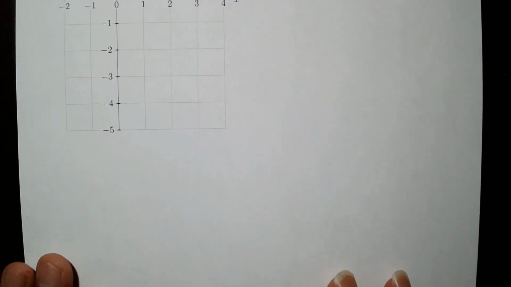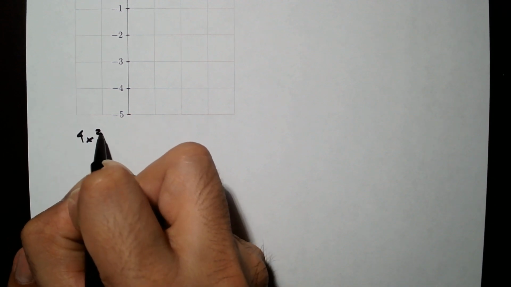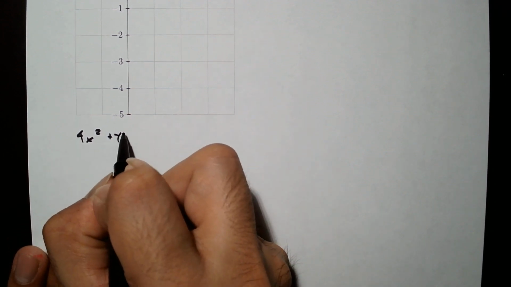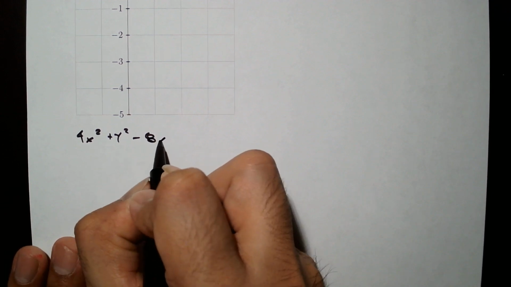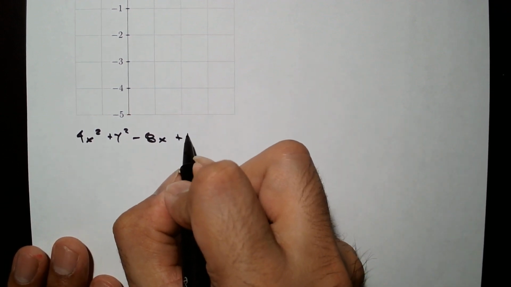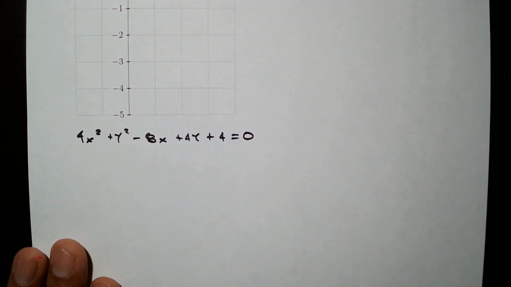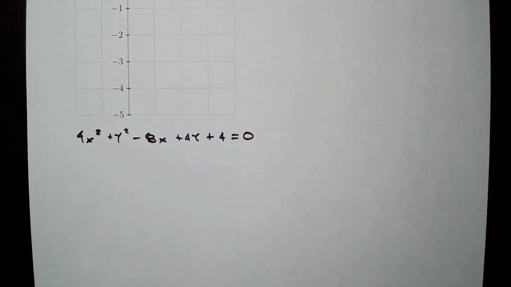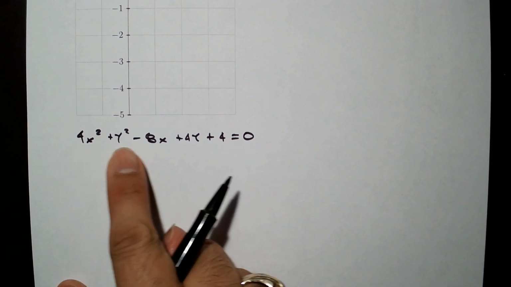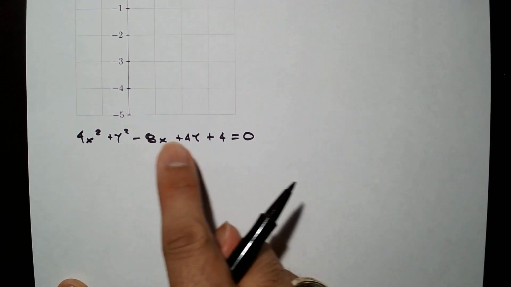I'm going to write it down. So that's 4x squared plus y squared minus 8x plus 4y plus 4 equals to 0. Number one, what I'm going to do is I'm going to group x's with x's and y's with y's.